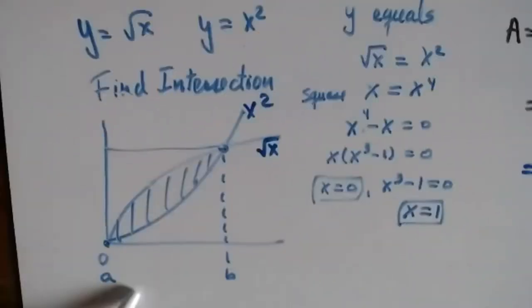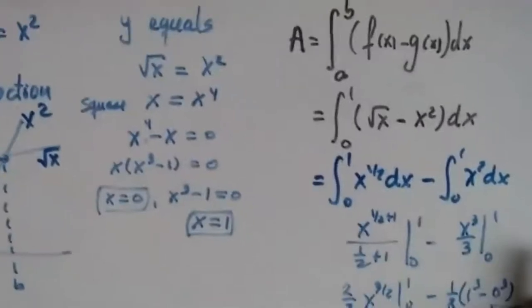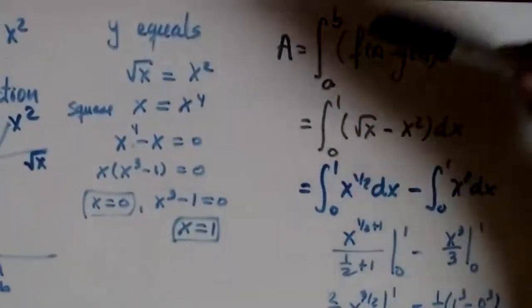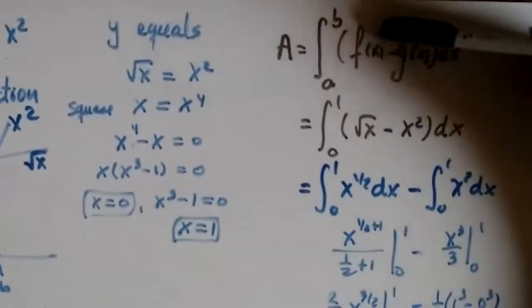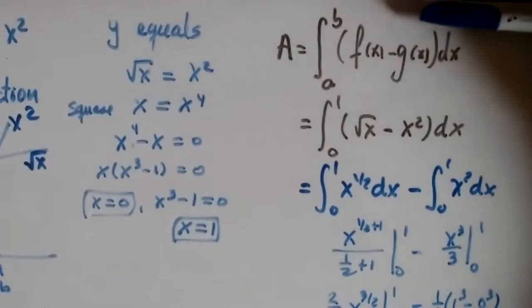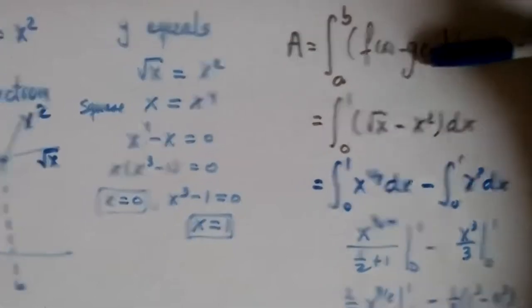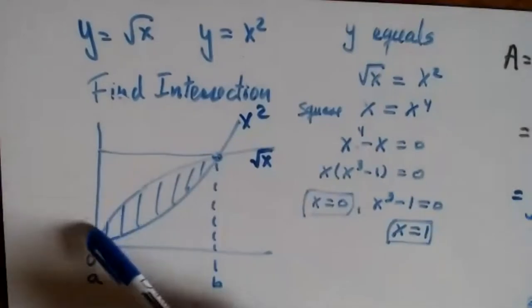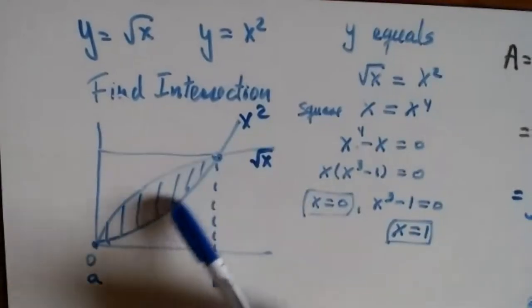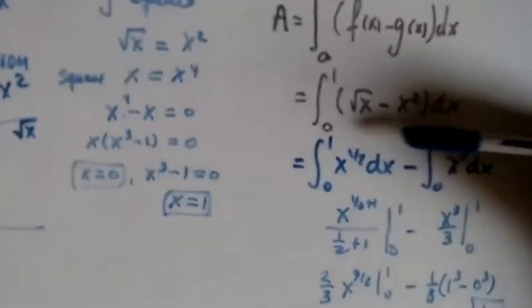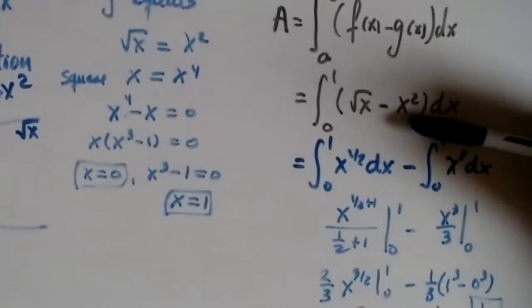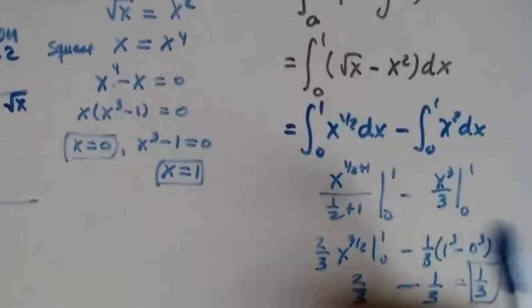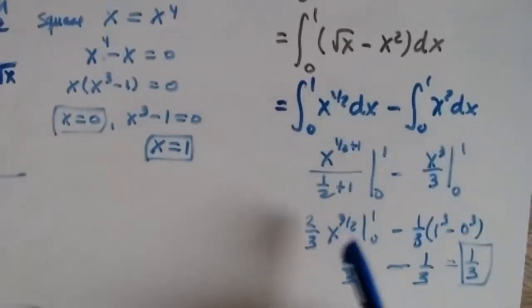Once you have this is 0 and this is 1, you use your calculus formula. Integral from a to b, the difference of the functions upper minus lower. In this case, not difficult to see that the upper is the square root, the lower is the x squared. Yeah. And you put these formulas here, and well, the rest is only the solution of the thing.